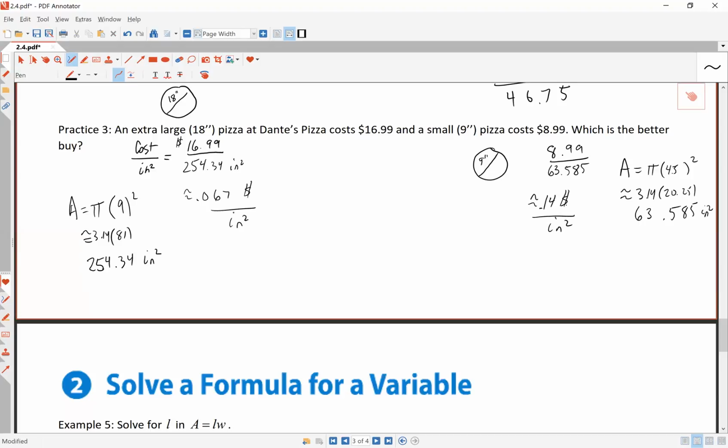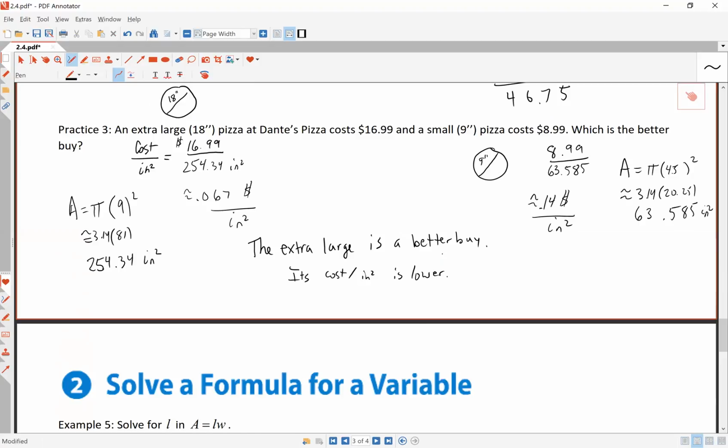So roughly about twice the cost. And that's typically how it goes. So the extra large is a better buy. Its cost per square inch is lower.